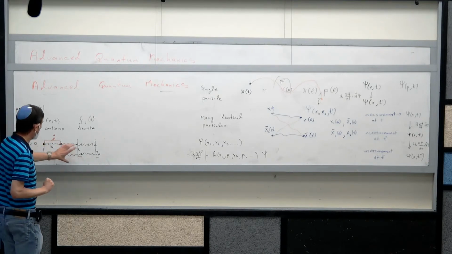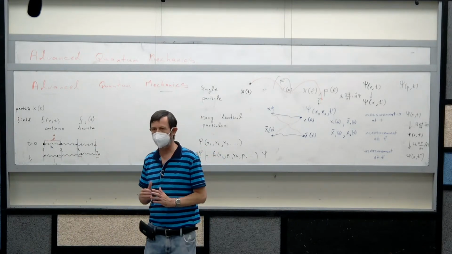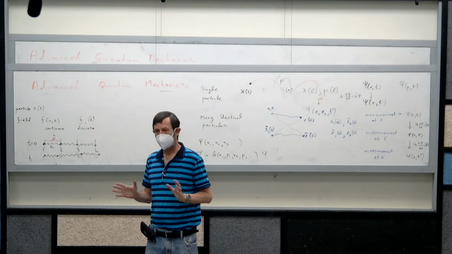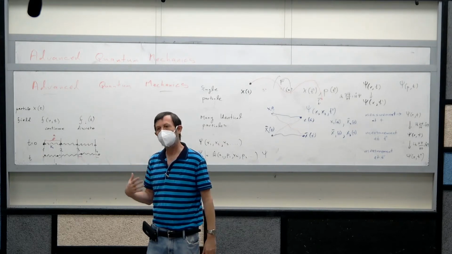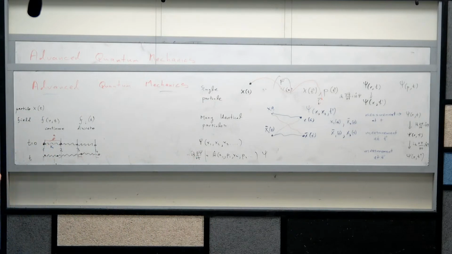Okay. Mathematically, what we will need to do this problem, we will get, and that will be in the next lecture, we'll see that basically we will have here an ensemble of harmonic oscillators.